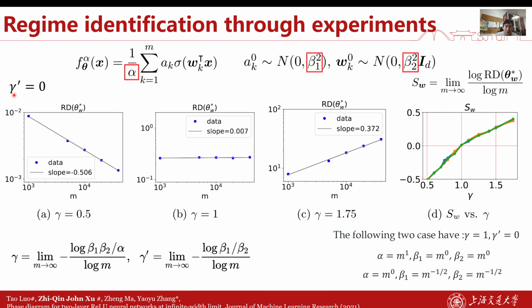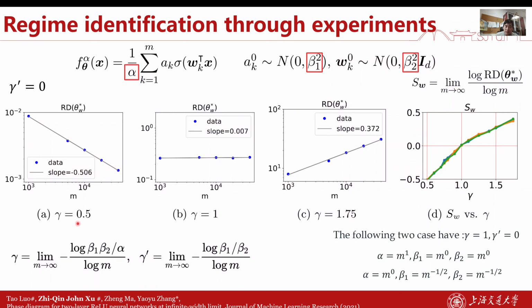We let gamma prime equal 0, meaning beta 1 and beta 2 have the same scale. And we only change this gamma, which indicates the initial scale of the network output. Since there is a negative sign here, a small gamma indicates large initialization.